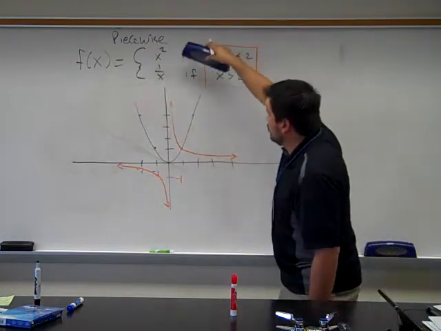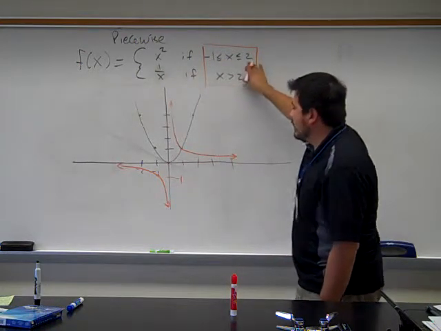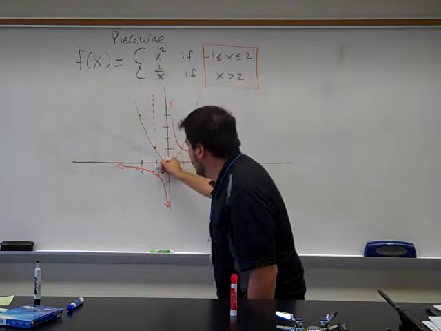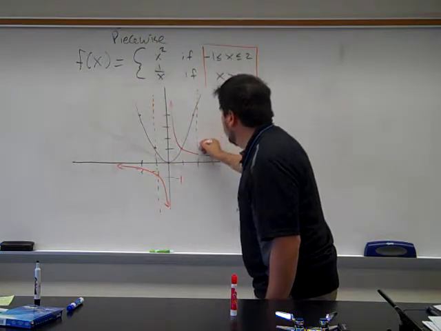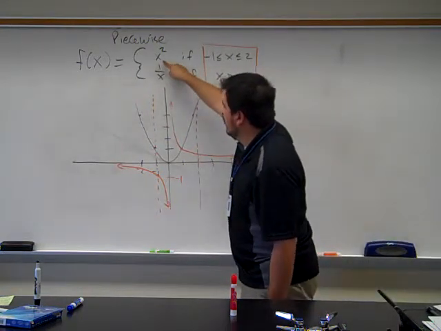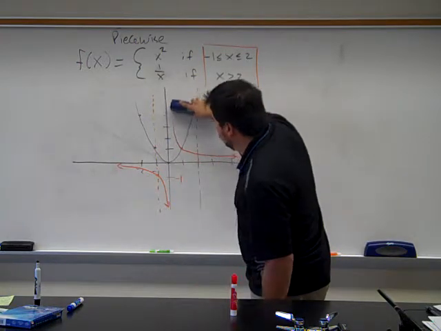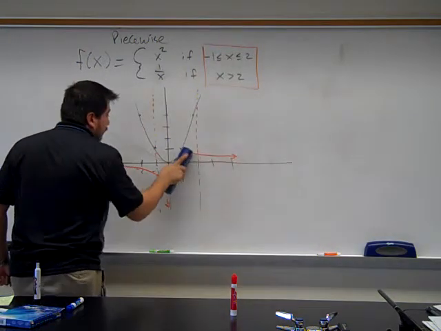If I'm only looking at this parabola from -1 to 2, then that means that when x is -1, which is here, this vertical dotted line, and when x is 2, I should only be focused on this parabola, meaning that I only want to look at my parabola between those two values. So I'm going to erase the 1 over x graph.